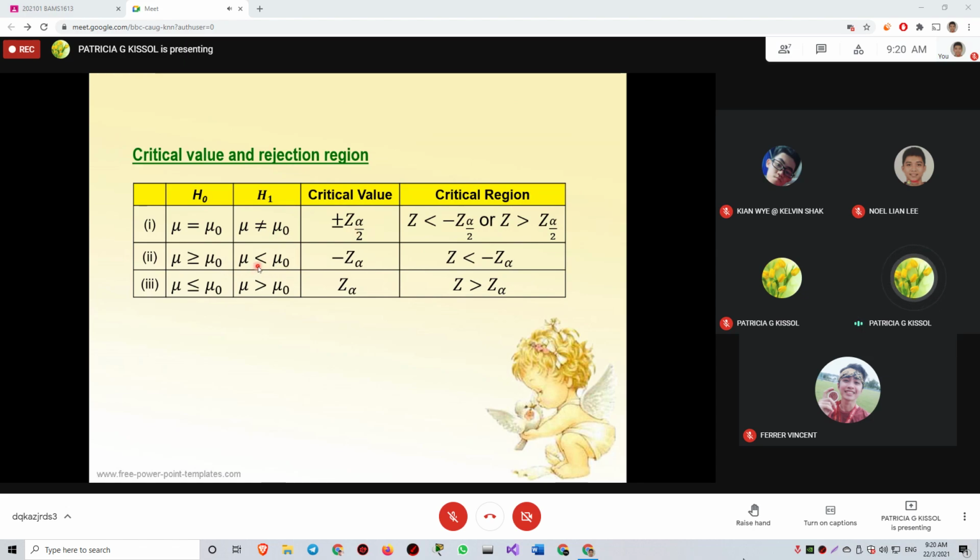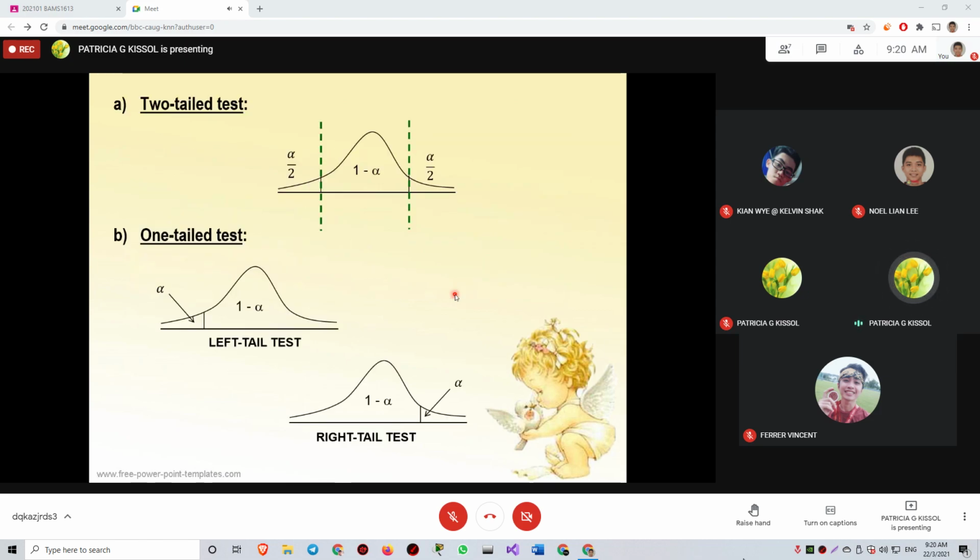Immediately, if it's the left tail, it would be negative because it's on the left side of the normal distribution. It's definitely going to show us a negative area, or it could be a right tail, which of course will be a positive value. Diagrammatically you can see it here: two tail, which I've mentioned just now, and one tail, which is a left tail and a right tail.